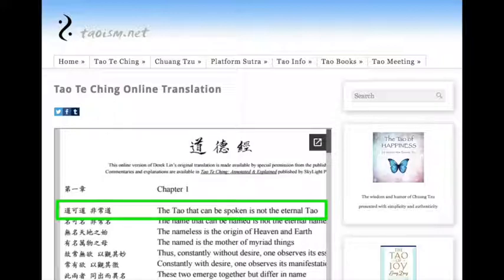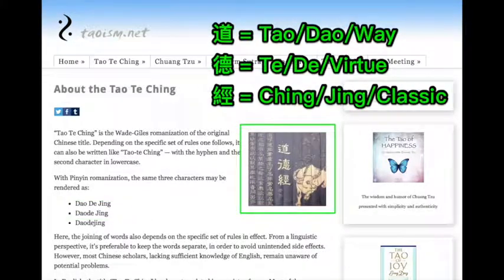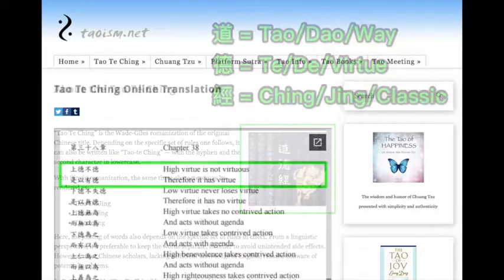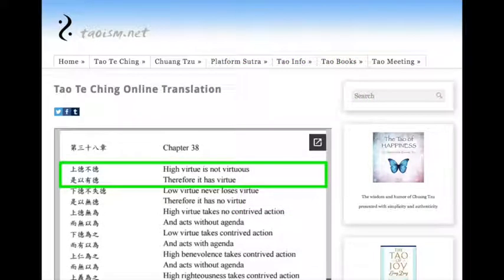So what about the second half? Now, having heard the explanation for the first half, you can make a very educated guess that the second half probably begins with virtue, right? You would be absolutely correct. So let me show you what the second half looks like. Chapter 38 starts with high virtue is not virtuous.